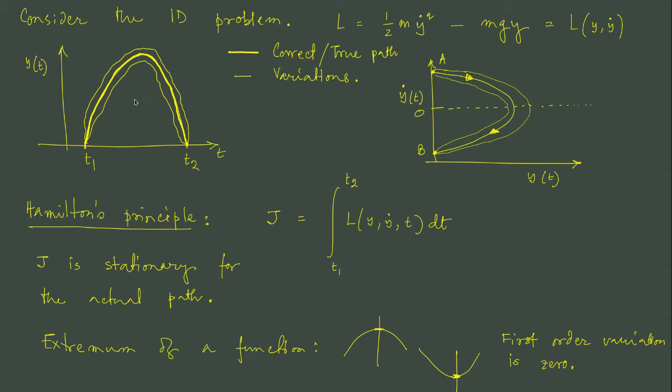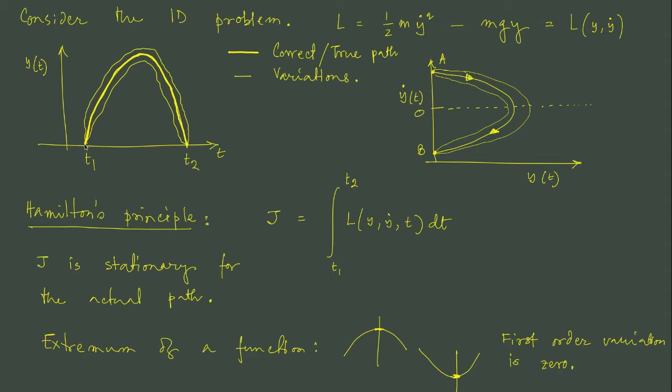Why are we considering that? For the simple reason that we are interested in finding out whether, if we make a change in the path, we can get some idea about this equation of motion from there. Of course, we will respect the end points. So, the particle must start from a particular y at T1 and must end at another time T2 at a given y.